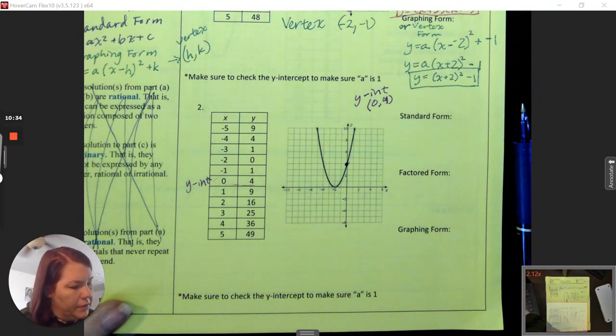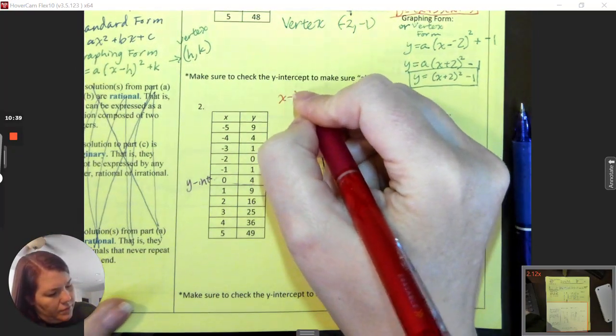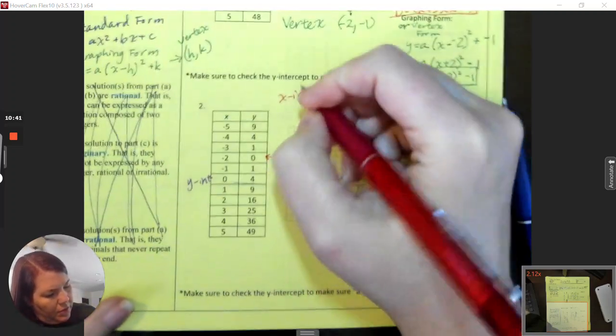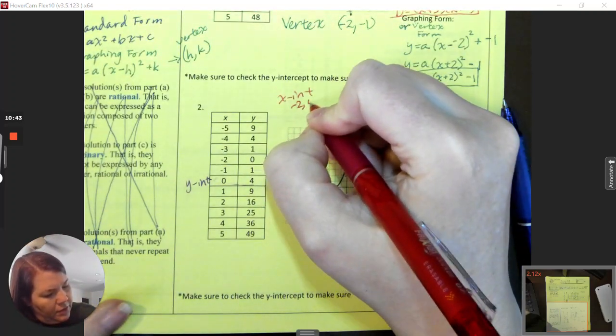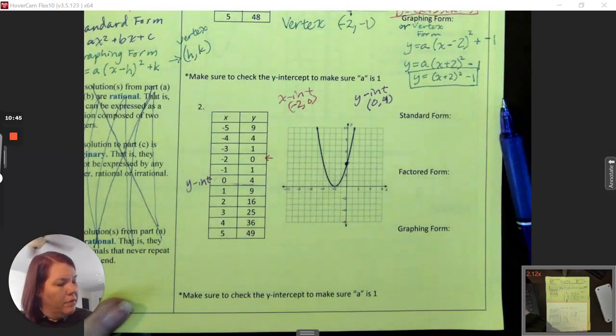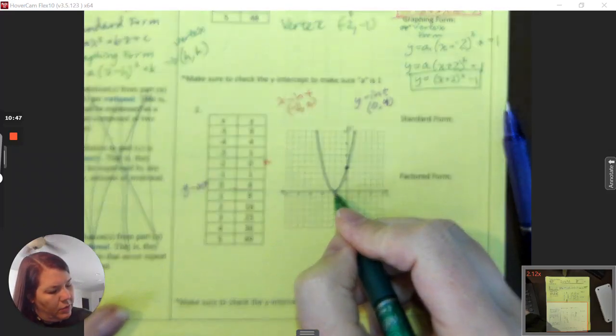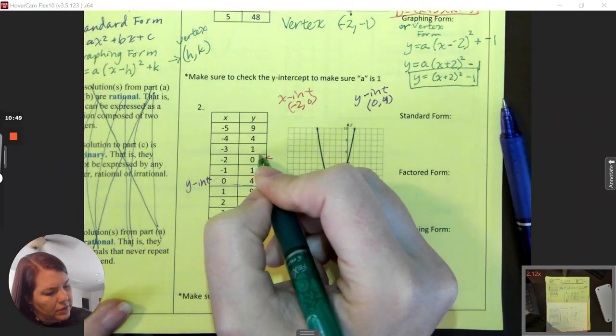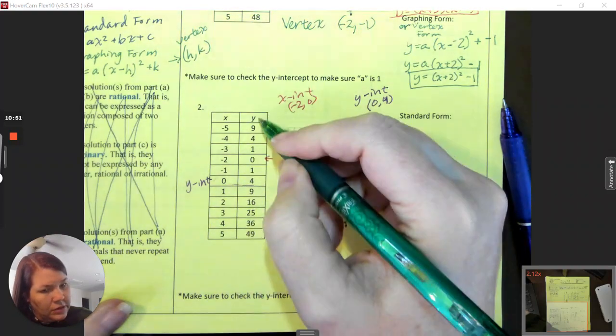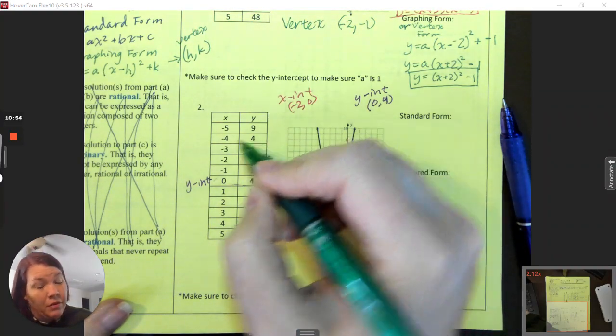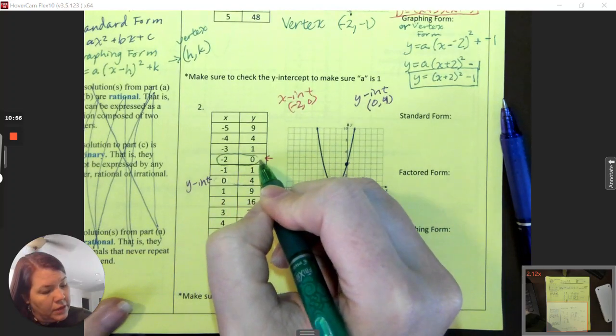X-intercept. Looking for 0 here. So that's -2, 0. Vertex is the middle point. So I'm looking at the numbers as they go around. They seem to go around. Oh, they go around the 0. So this is the vertex.